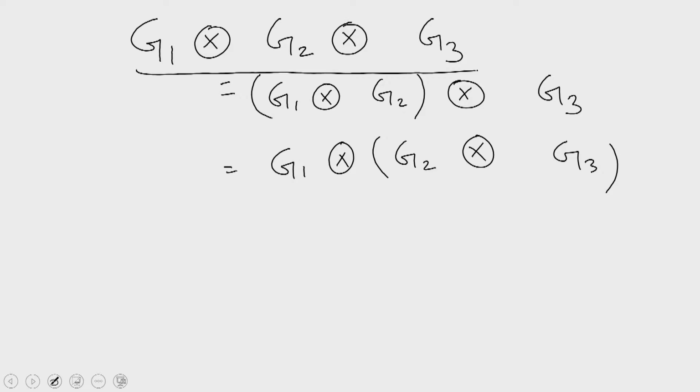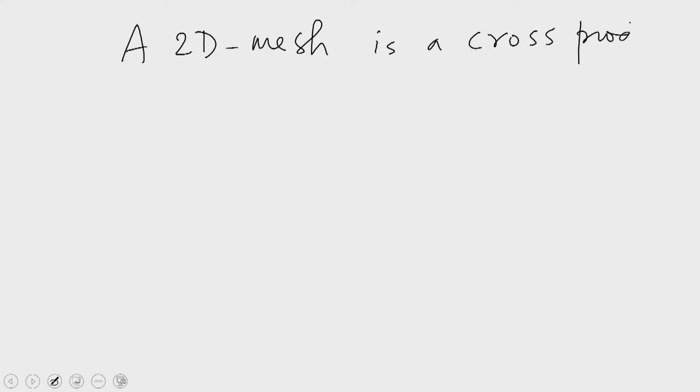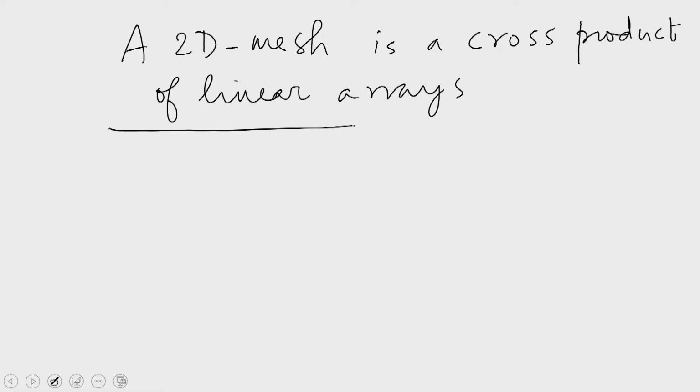So why are we talking about cross products of graphs? This is because a 2D mesh is a cross product of linear arrays. To see this, take an example.